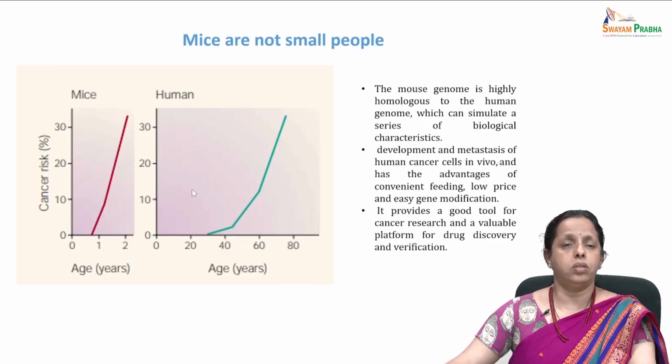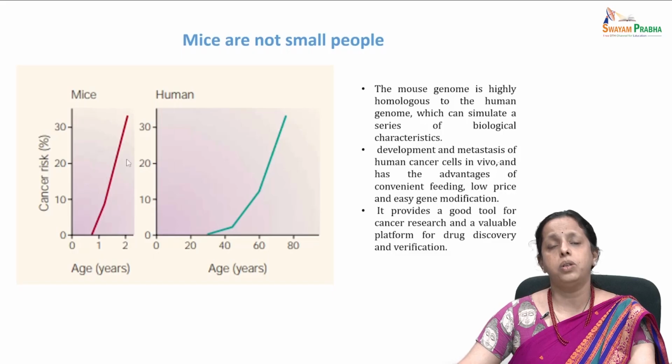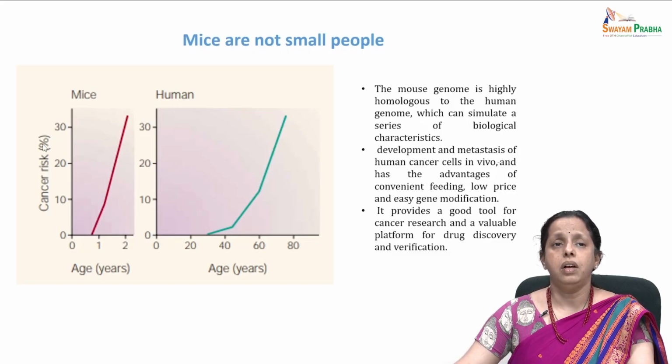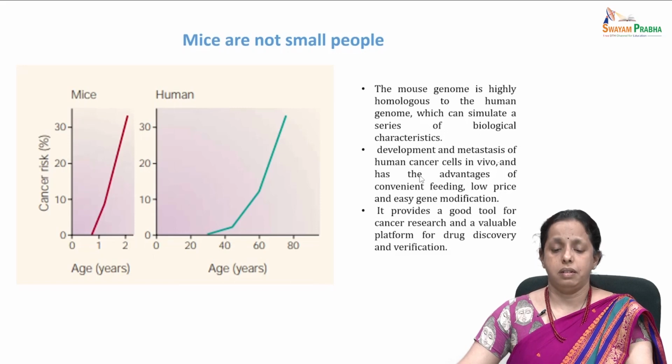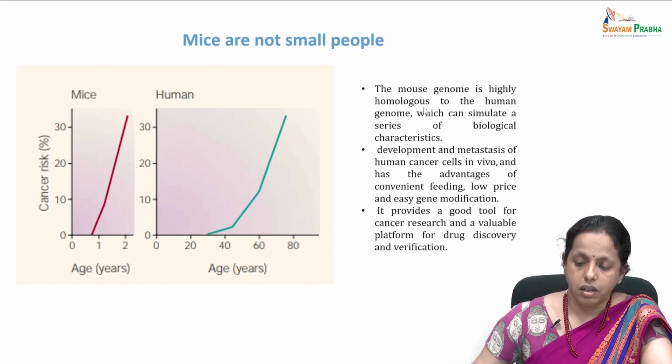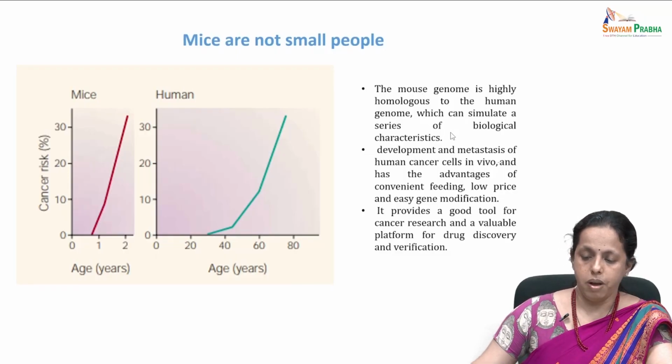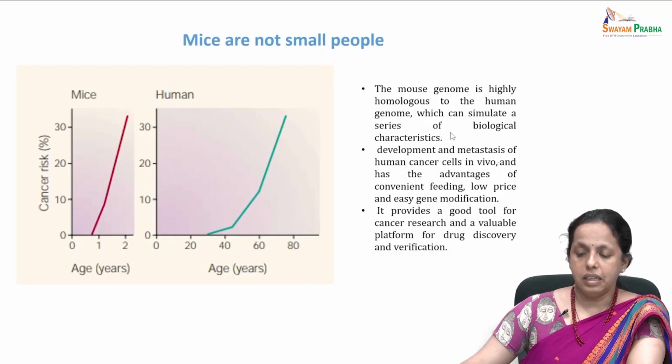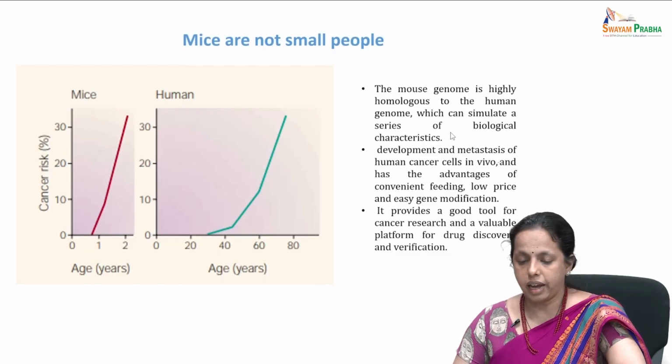So that is why we were able to adopt the mouse model by virtue of having a similar percentage of cancer risk. Also, the mouse genome is highly homologous to the human genome, and it can simulate a series of biological characteristics.